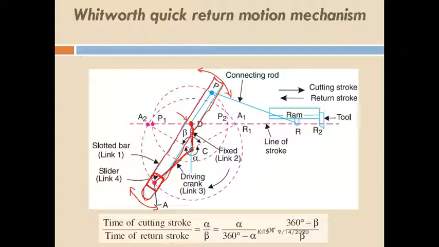Also, the slider is inserted into the slotted bar. Slotted bar means inside the bar there will be space for sliding. Slotted bar means it will be like this, and inside there is some space.